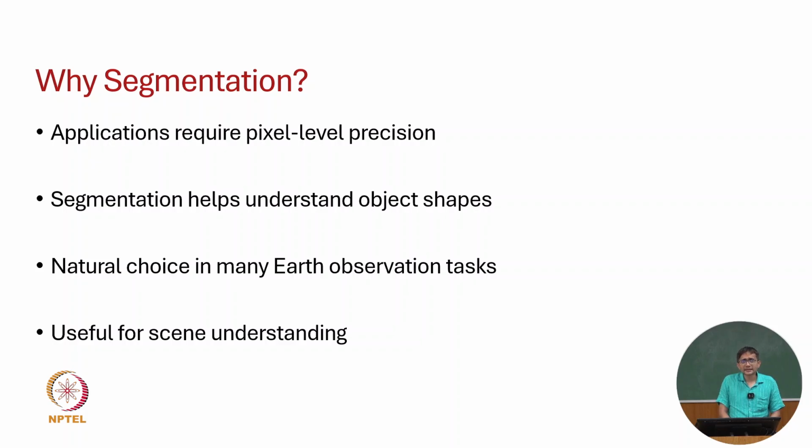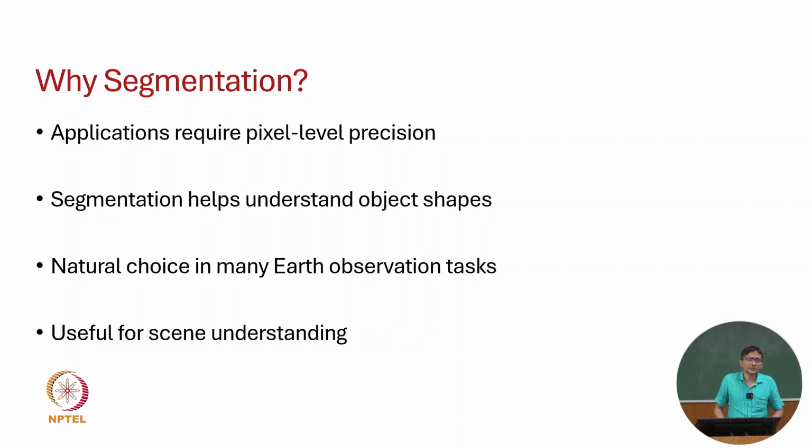We get understanding of the object shapes which are missing when we are talking about just giving one label for the entire image. And this is a quite natural choice in many Earth observation tasks, as quite often, even talking about that building example, we would be interested not just in the building, but, let's say, the road next to the building.